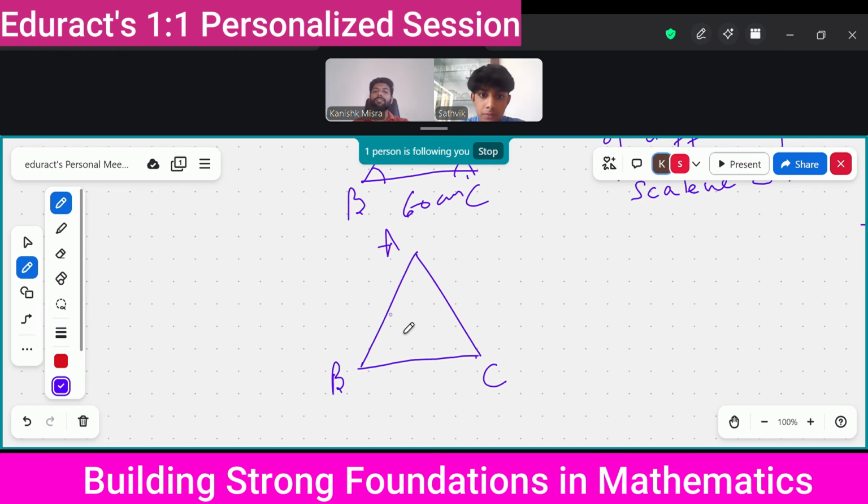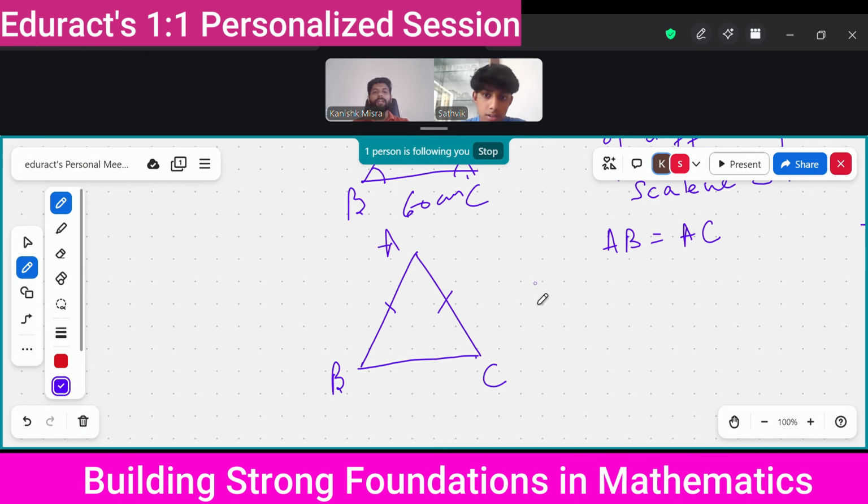What do you mean by isosceles triangle? Where opposite sides are equal. Like if AB is equal to AC, these are opposite sides. If opposite sides in a triangle are equal, that specific triangle is called isosceles triangle.